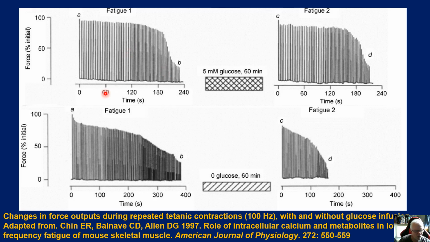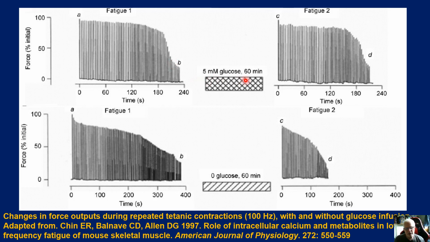So it's 240 seconds, and again, it's isolated muscle, 240 seconds at 100 hertz, that's 100 contractions a second. And what you see, not surprisingly, is the muscle becomes fatigued over time. You get quite a rapid decrease here from about 180 seconds to about 240 seconds, quite a significant decrease.